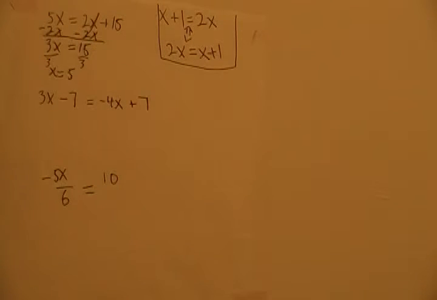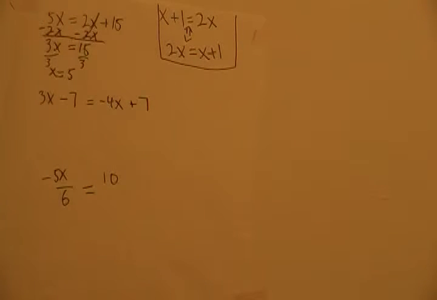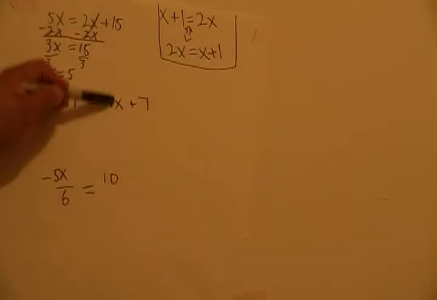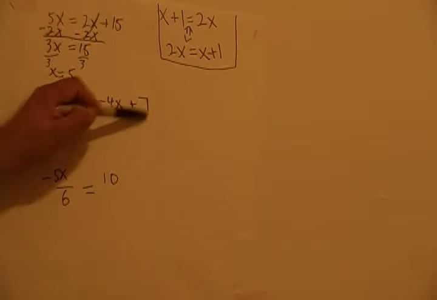Then sometimes we can have an equation where you have a variable and a number on both sides. So here's 3x minus 7, here's negative 4x plus 7. So it's a two-step process here. We've got to bring this 4x to this side, and then we've got to bring this negative 7 to this side.